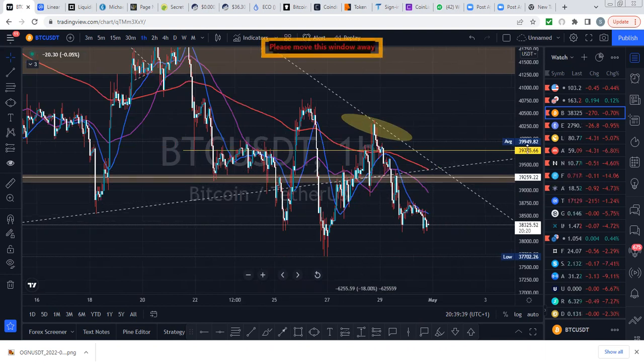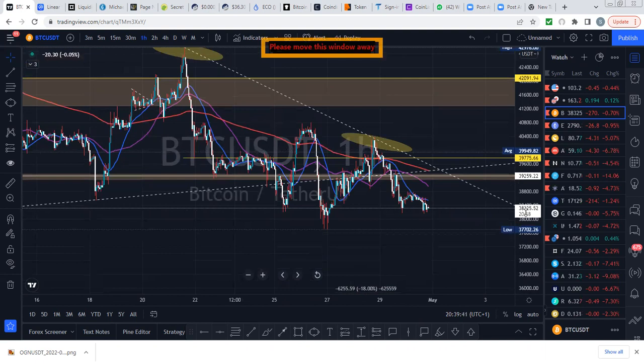So the 20-day moving average may be of analytical benefit to shorter time frame traders.